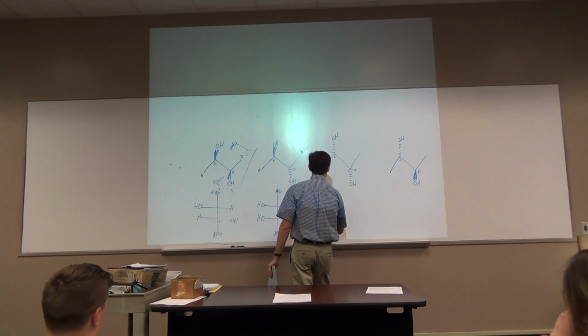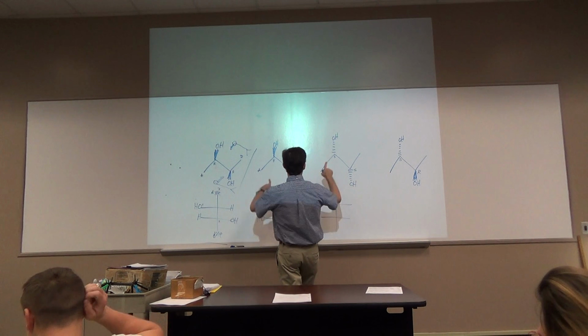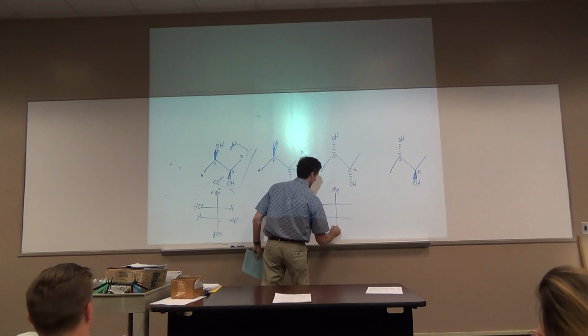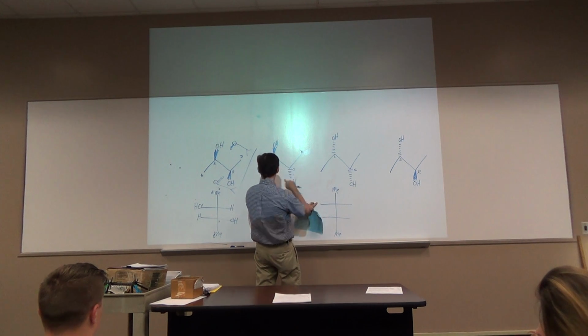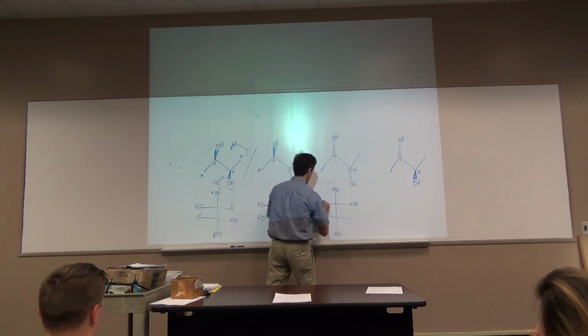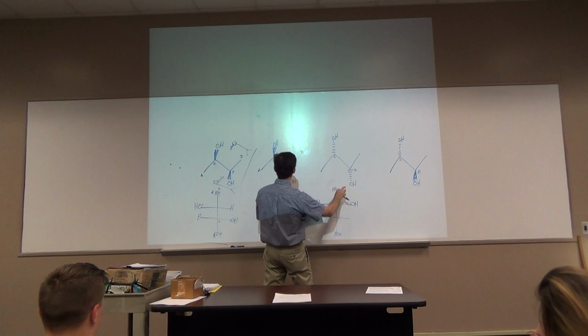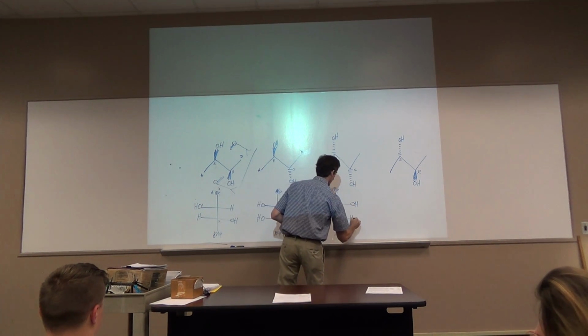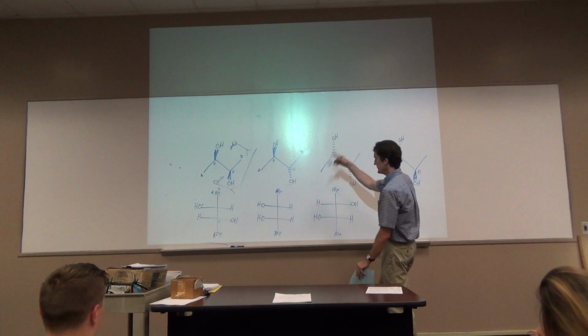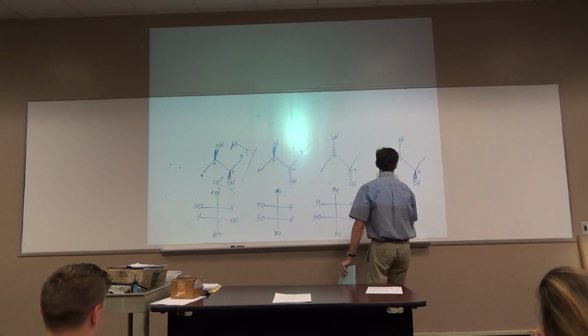Let's get this one up. Okay, methyl. This OH is here, and it's changed from there, so that means it's over here, right? And this OH is the same, so it's the same as this. Okay? You can do these from scratch if you want. I'm cheating here.